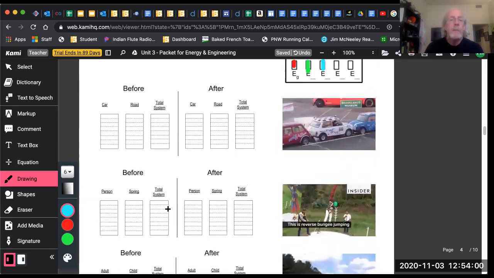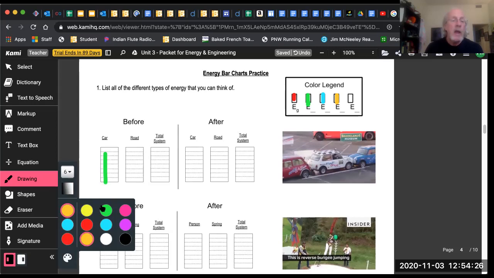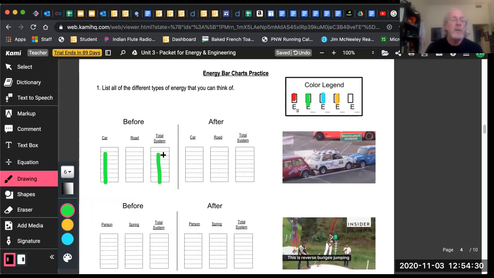As an example with the car: beforehand the car has a lot of kinetic energy, it's moving a lot. I'm going to do one more here because I want to do thermal energy. There's no thermal and no potential; the car's just moving, and with the road there's nothing going on. So my total system is still the same.